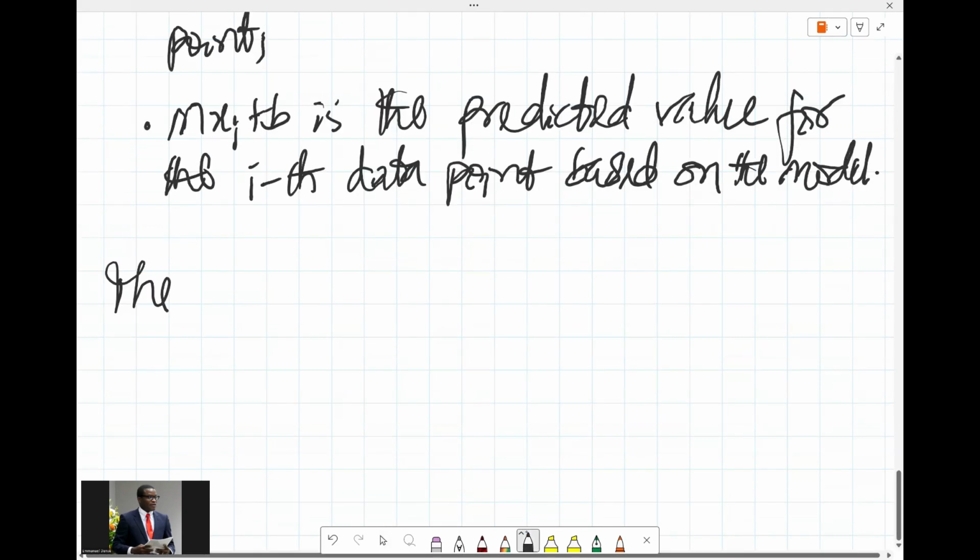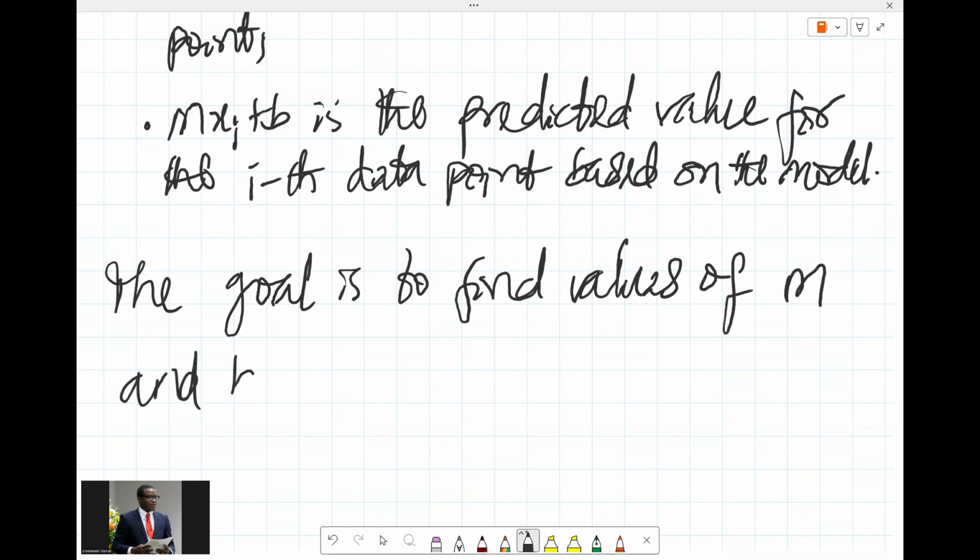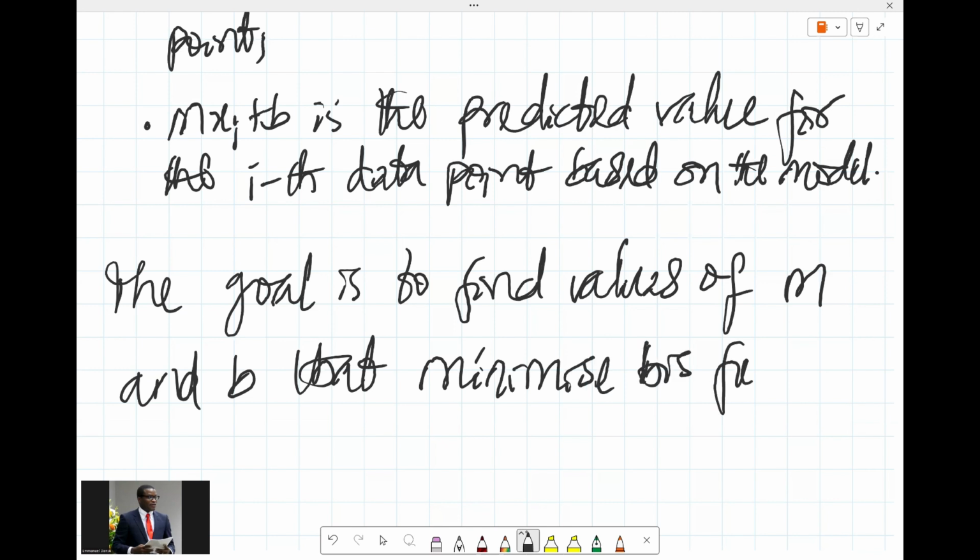So the goal is to find values of m and b that minimize this function.